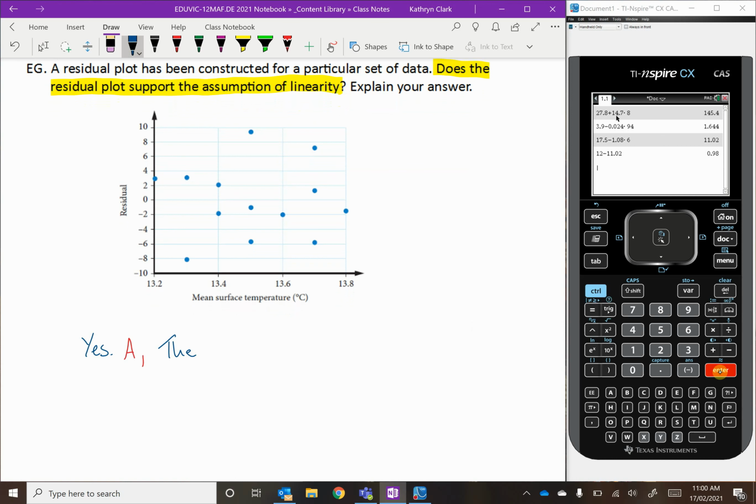The residual plot is random and shows no clear pattern. And that would get us our 2nd mark.